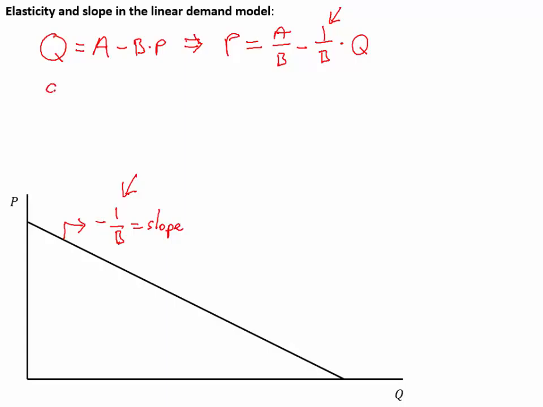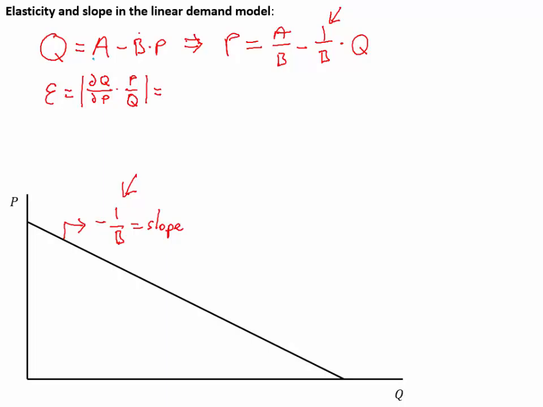The elasticity, and I'm going to leave out the Q comma P subscript. And again, we're talking about it in absolute value terms. So the elasticity we defined as the absolute value of the partial derivative of the demand curve with respect to price multiplied by the ratio of price and quantity.